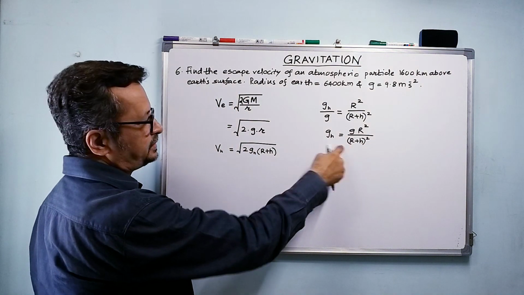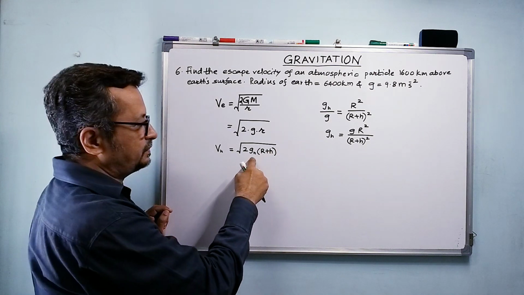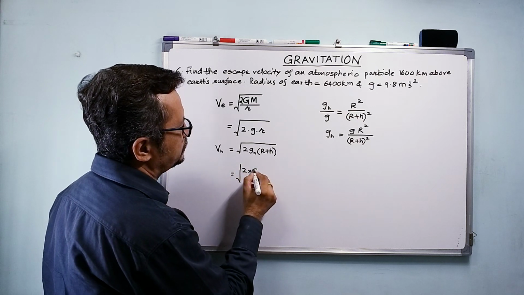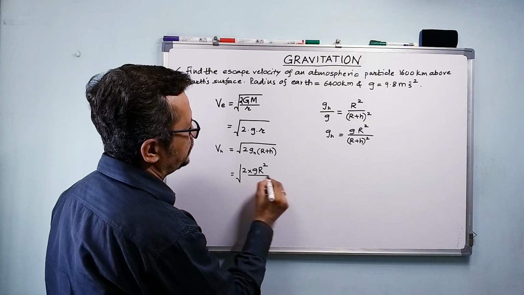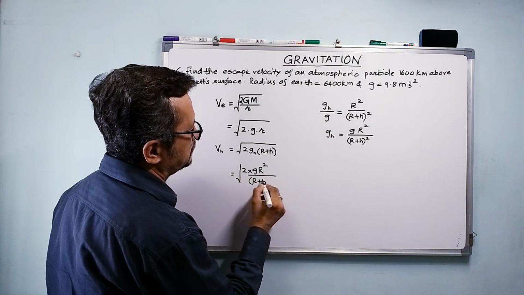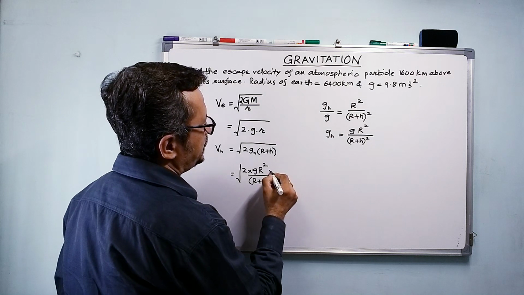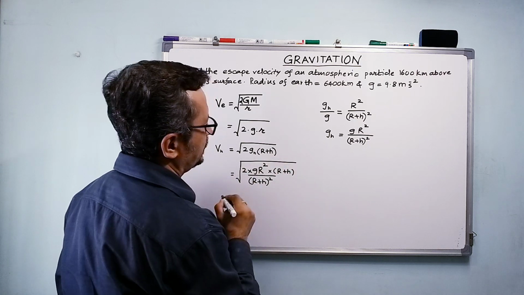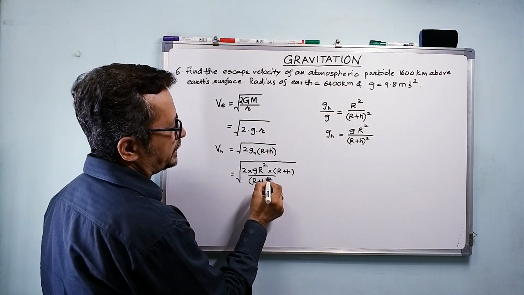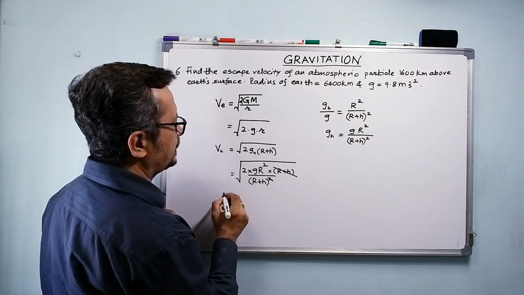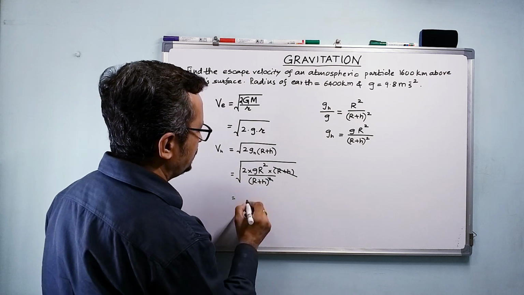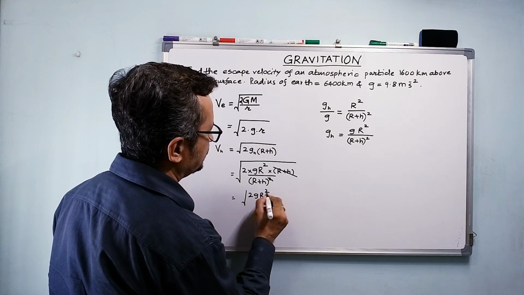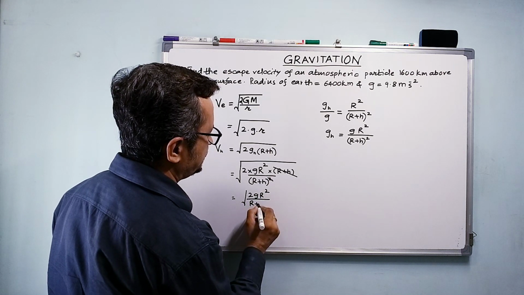So if we substitute this value over here, this would become root over 2 into g r square upon r plus h whole square, multiplied by r plus h. Right? So I can cancel a square with this, and I would get root over 2 g r square upon r plus h.